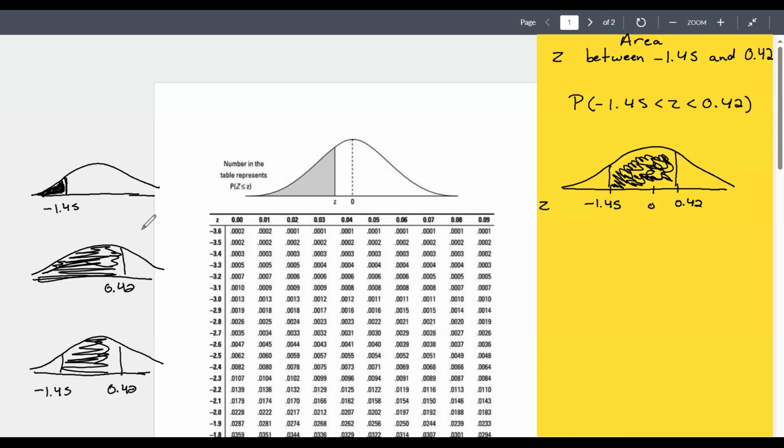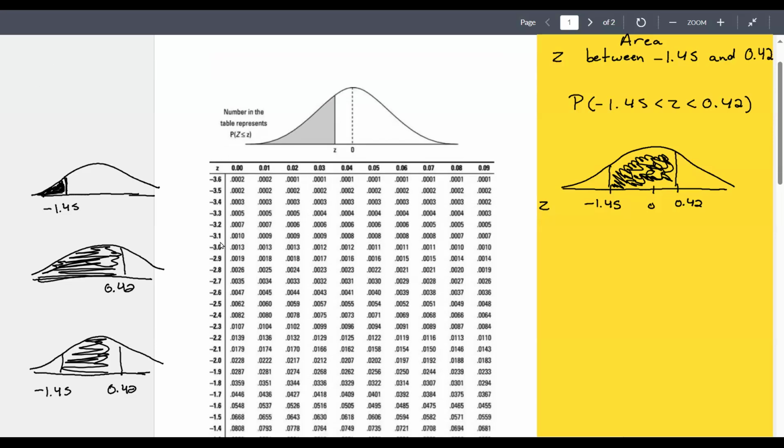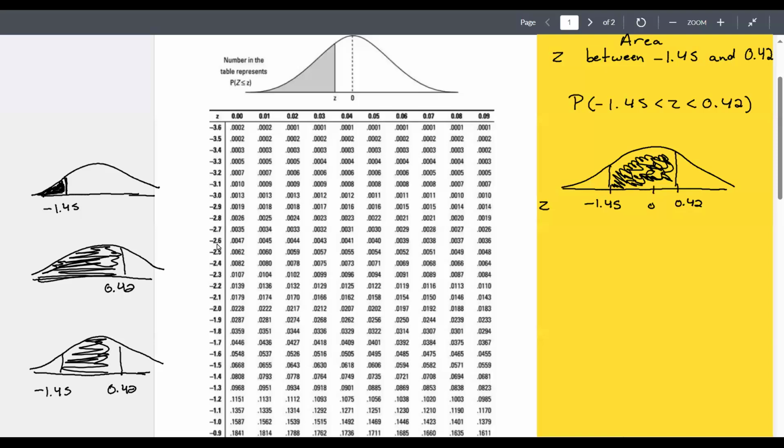If I look for my first one here at negative 1.45, we need a little scrolling here. We start with the negative z-scores. Here's my negative 1.4. Now I need my 5, which is here.